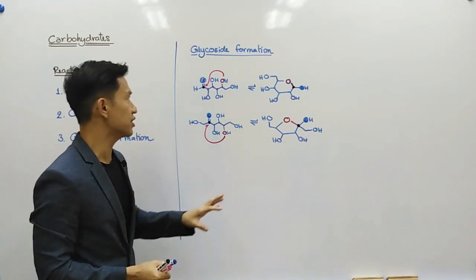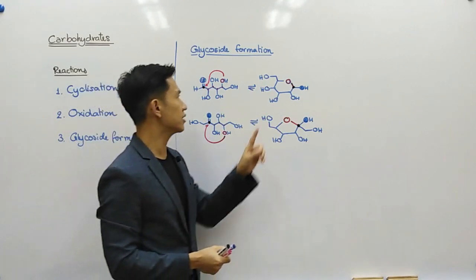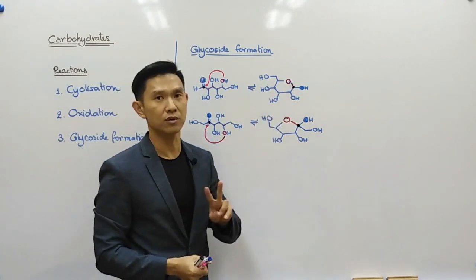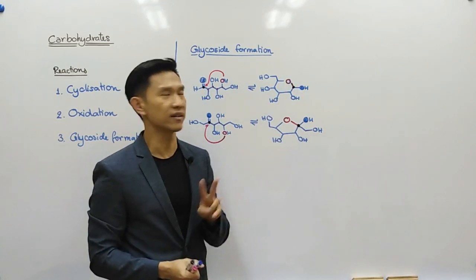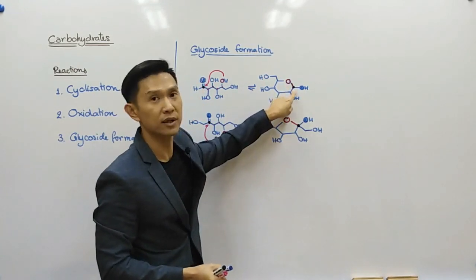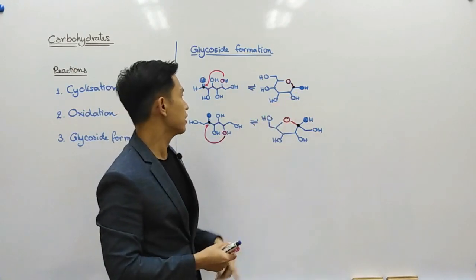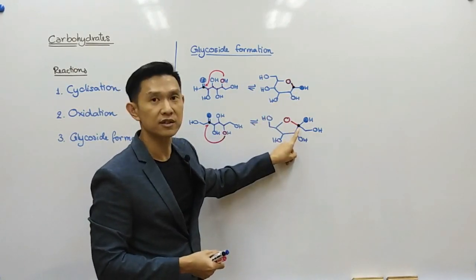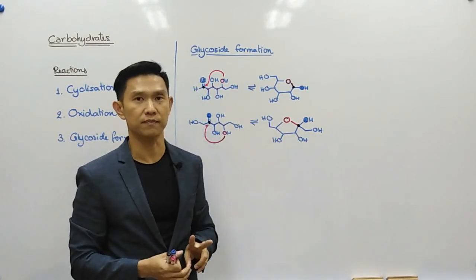So when you see the cyclic structure, what you have to find first is the carbon connecting with 2 oxygen atoms. And then you can know automatically that this one previously appeared as the carbonyl, because this one is connected with 2 oxygen atoms.